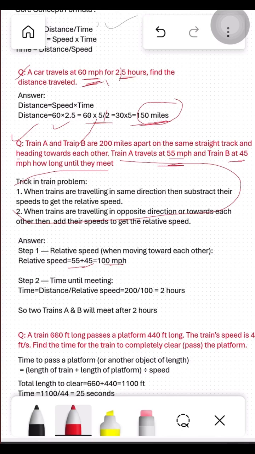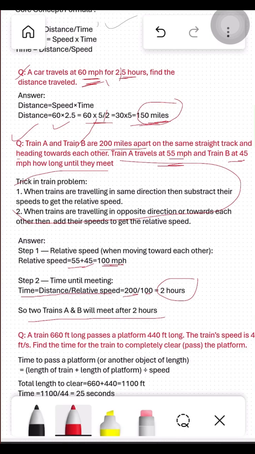So time is being asked, and obviously time is equal to distance upon speed. In this case, speed becomes your relative speed, because both of the trains are traveling towards each other. So the distance is given as 300 miles in the question, which is taken in the numerator, and we have calculated the relative speed, which is the denominator, and the final answer that we get is 2 hours. So two trains will meet in 2 hours.